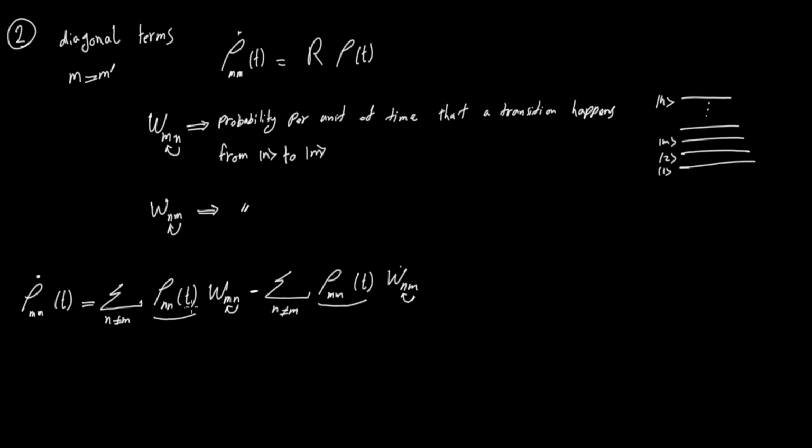So for example, these are the arrivals from n to m. So it does matter how populated n is. There might be a very good tendency to fly to m, but there might be at the same time not many electrons there. So the number of electrons there is also a parameter. So this should also be multiplied by W. And the same thing about here.